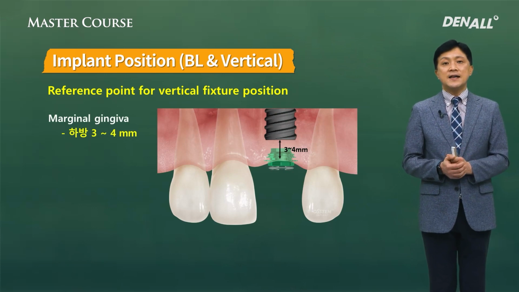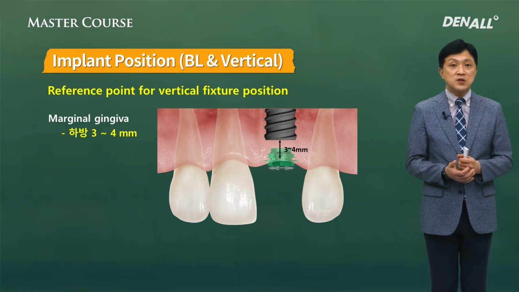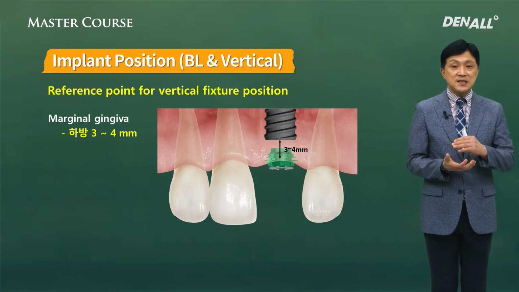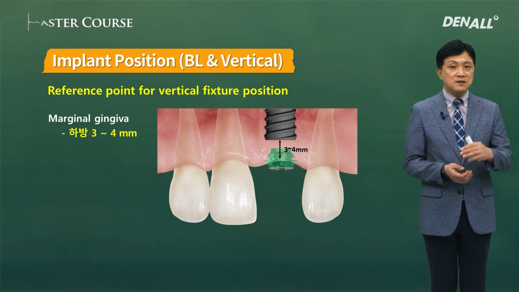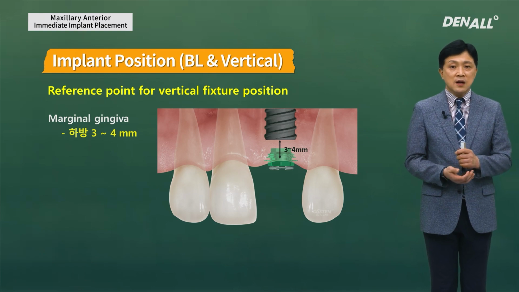Second, for the flapless surgery, marginal gingiva should be the reference point for implant positioning. It should be 3 to 4 millimeters below the marginal gingiva. That is, the implant platform should be 3 to 4 millimeters below the highest point of gingiva.